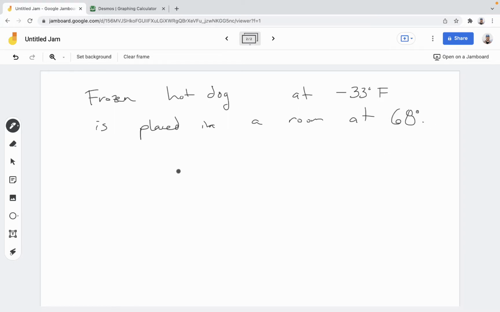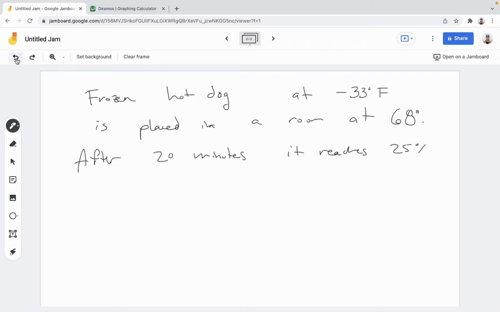And then what we would need is kind of a reference point. So different rooms are going to behave differently, if there's a lot of air circulation, for example, things like that. So we do need a reference point. Let's say after 20 minutes, it reaches 25 degrees.